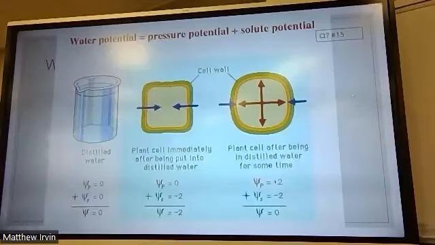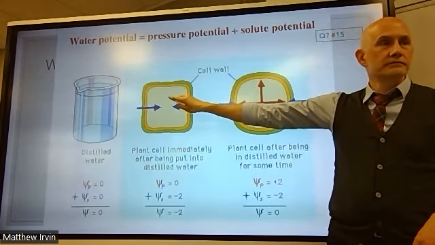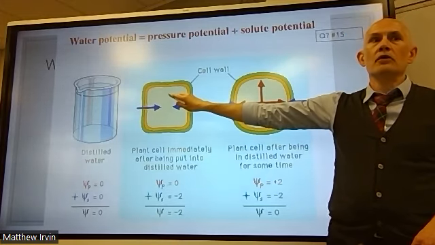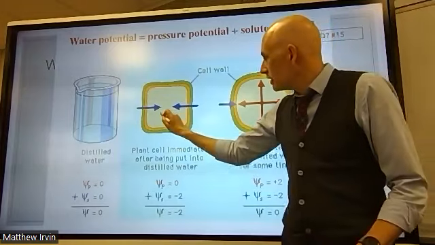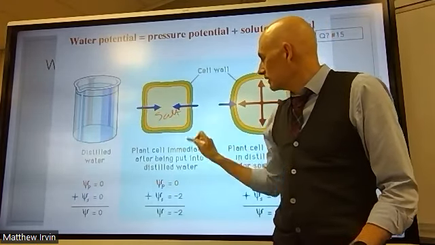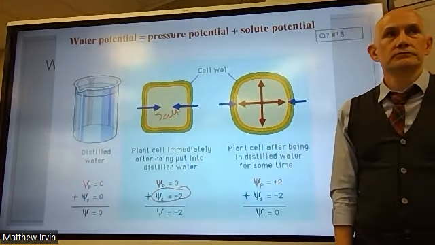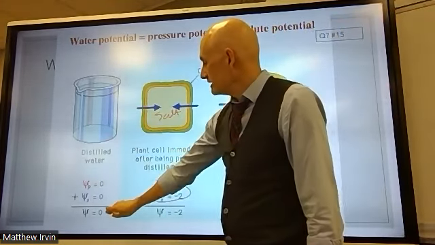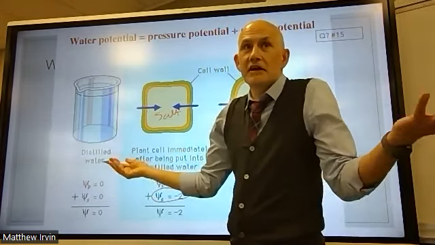But if you have a cell that is flaccid and you put it in water, the cell has more salt or sugar inside, so that gives it a negative water potential. The water itself has a 0 water potential because it's just itself.